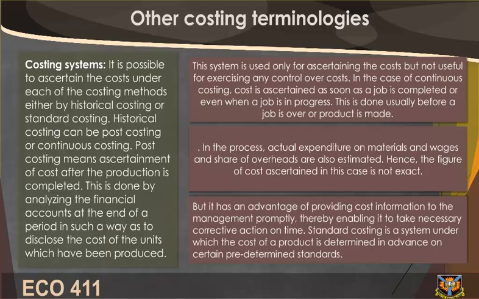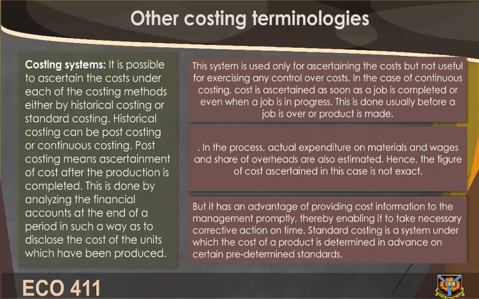In the case of continuous costing, cost is ascertained as soon as a job is completed or even when the job is in progress. This is done usually before a job is over or a product is made. In this process, actual expenditure on materials and wages and share of overheads are also estimated.